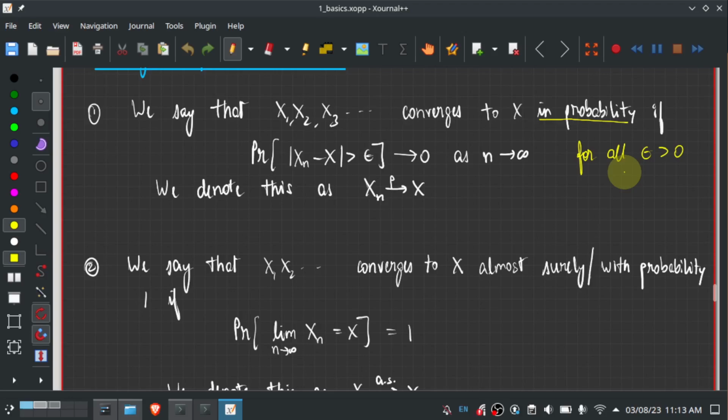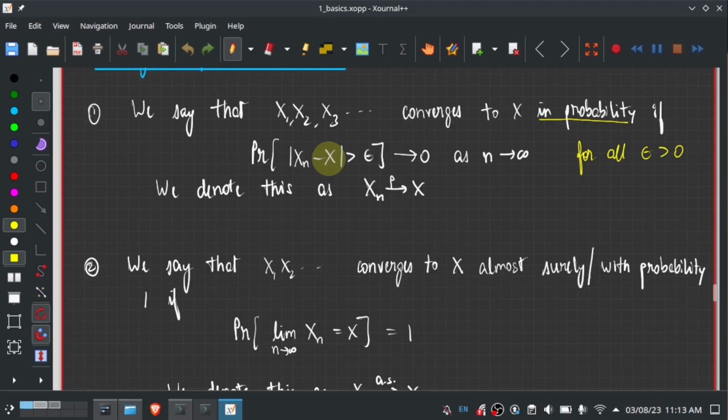So I fix an epsilon, some deviation from this random variable X, and I want to know if the probability that it deviates from X tends to 0 or not. So this is one notion of convergence.